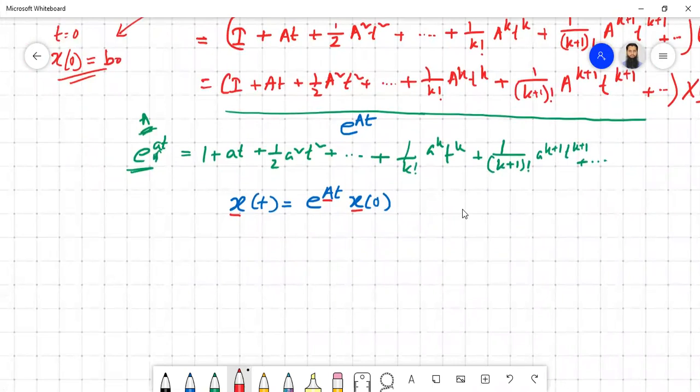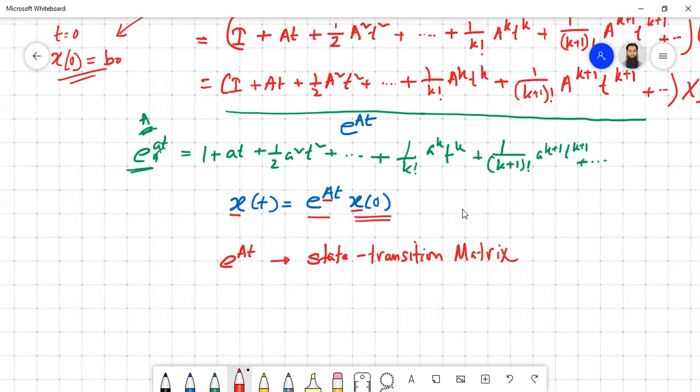Now, this new parameter that we have, that is e to the power At, is what is called the state transition matrix. The reason for calling this the state transition matrix is that we are starting from state 0, and through this matrix we are obtaining any later value of state x(t).